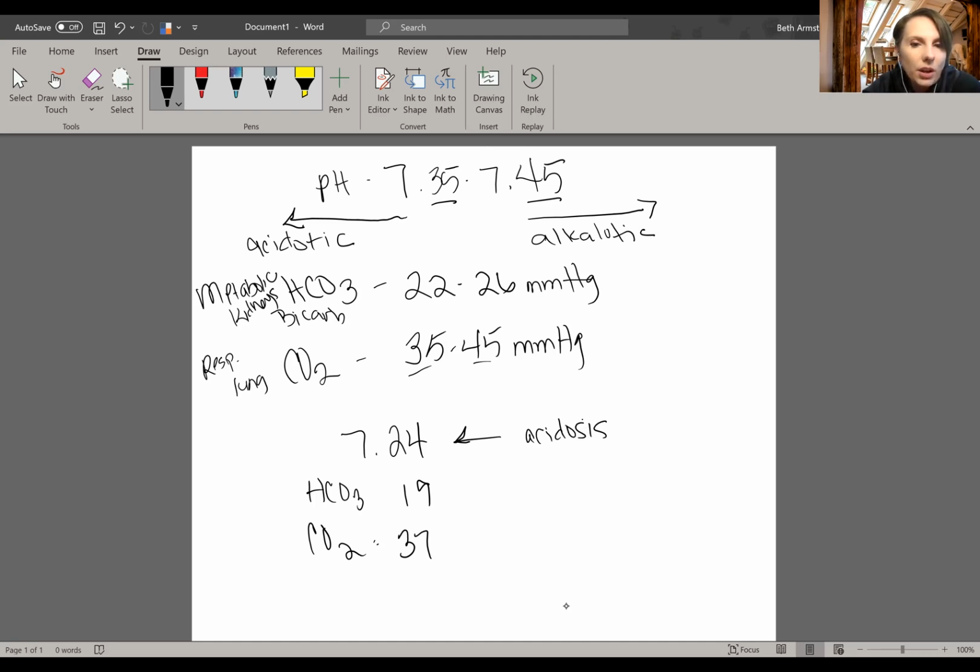And our bicarb is also going this way, so it's metabolic. And this guy is within the normal range, so he's all right. It's a metabolic acidosis. Very cool. Good job. Any questions on that? Let them marinate for a bit. Retry those other ones and see how you do.